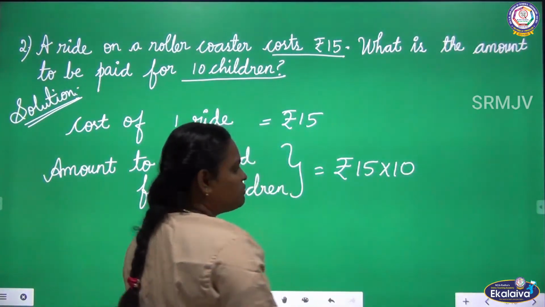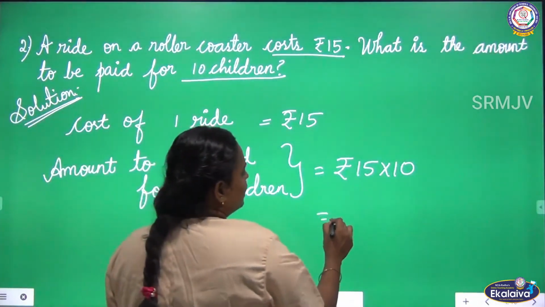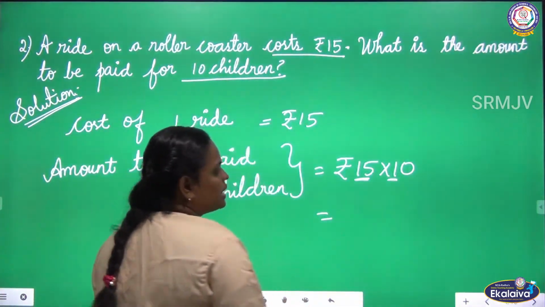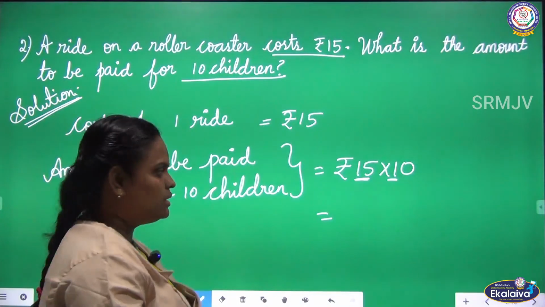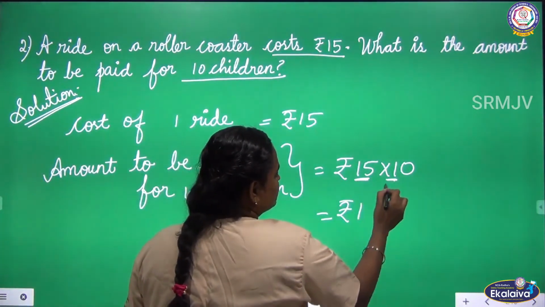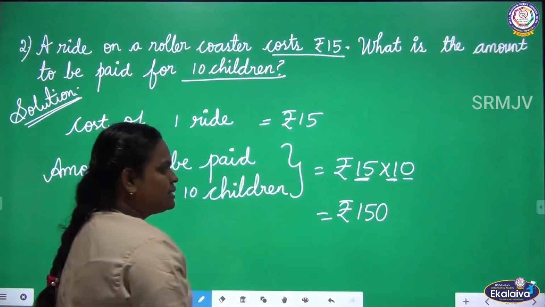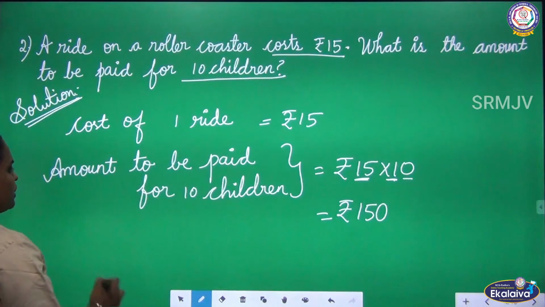So listen children, when we are going to multiply by 10 and then 100, what will you do? You will multiply only with the number, and after that you will write the 0. So 15 ones are, write the rupee symbol, 15 ones are 15, then include the 0. So what is the answer? 150 rupees.